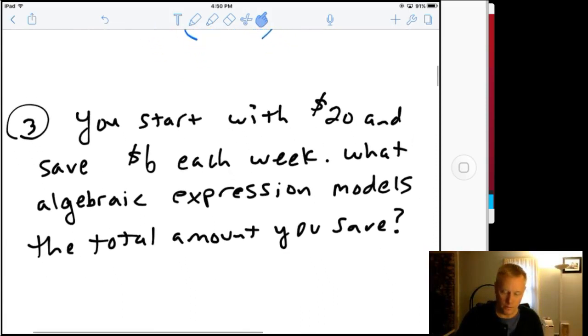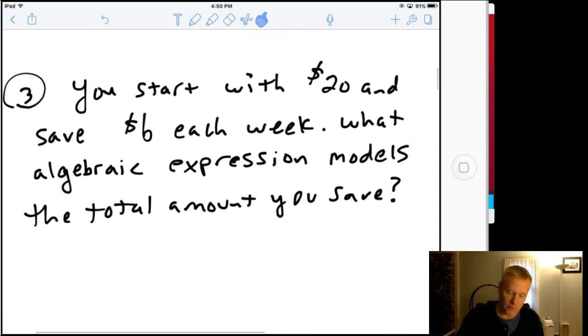Number 3, you start with $20 and save $6 each week. What algebraic expression models the total amount that you save? All right, so we're going to use W equals the number of weeks. It's always good to label your variables. I started with $20 and then I go up $6 each week. If I had $6 after 1 week, then after 2 weeks I'd have $12.